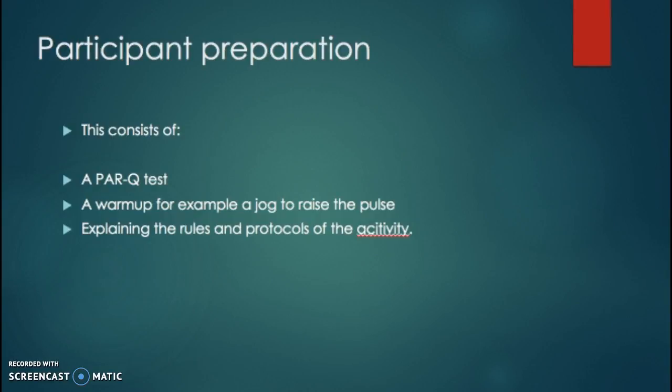This is finding out about any contraindications that could stop the participant partaking in the activity. For example, if you're pregnant or have heart disease and a doctor has told you that you shouldn't be exercising because it could affect you or cause fatal damage. That's what a PAR-Q is for: finding out about anything that could stop you taking part in that activity. It's taken in the form of a yes or no sheet.